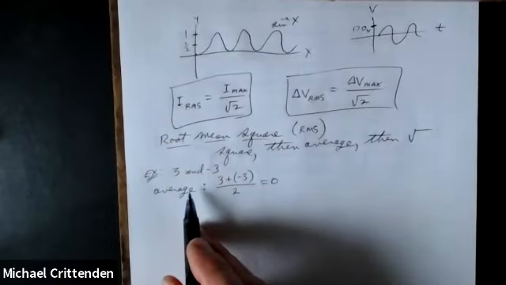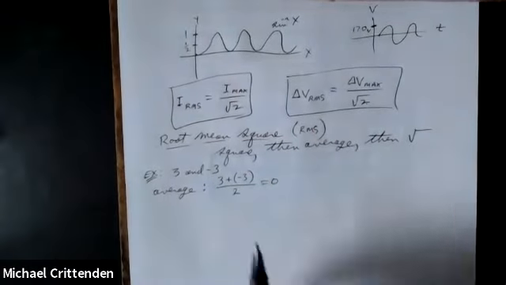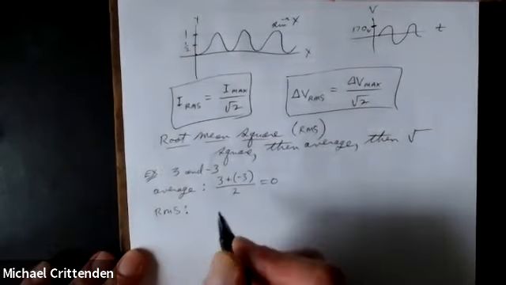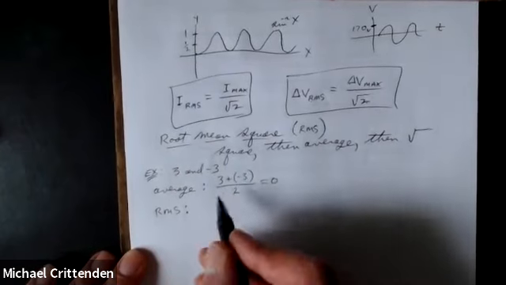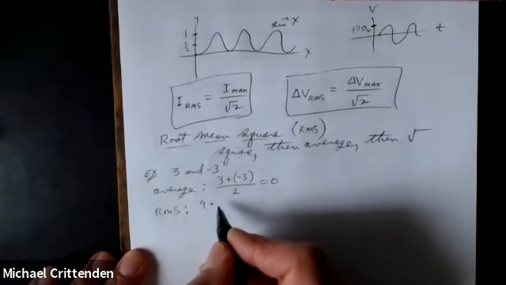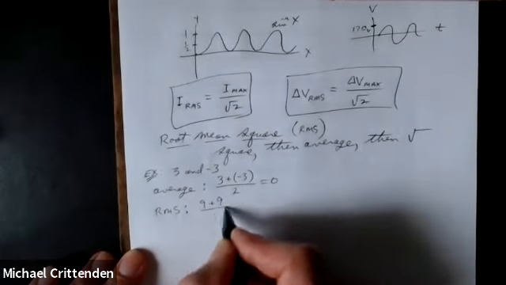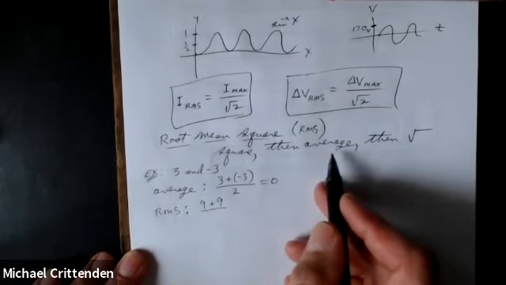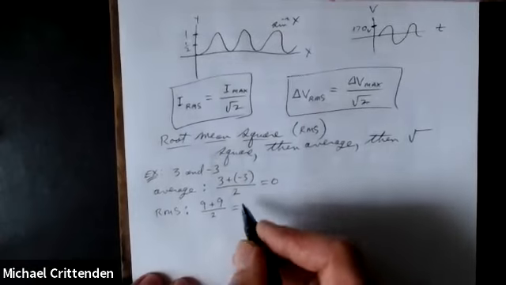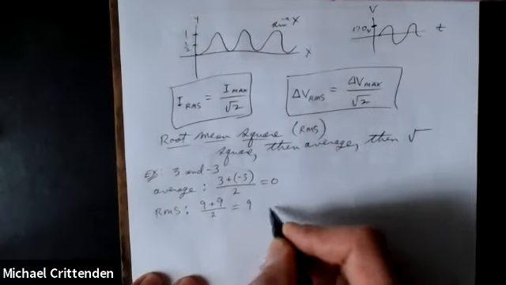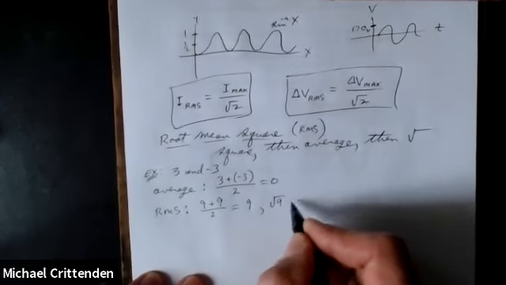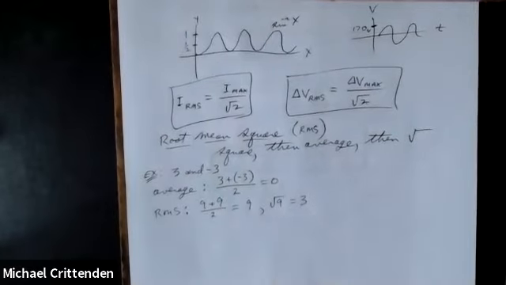The average of those two numbers is 0, but if you do an RMS, first you square. 3 squared is 9. -3 squared is also 9. Then average the squares. So you add them and divide by 2 because there's two numbers in the set. Then take the square root. Square root of 9 is 3.